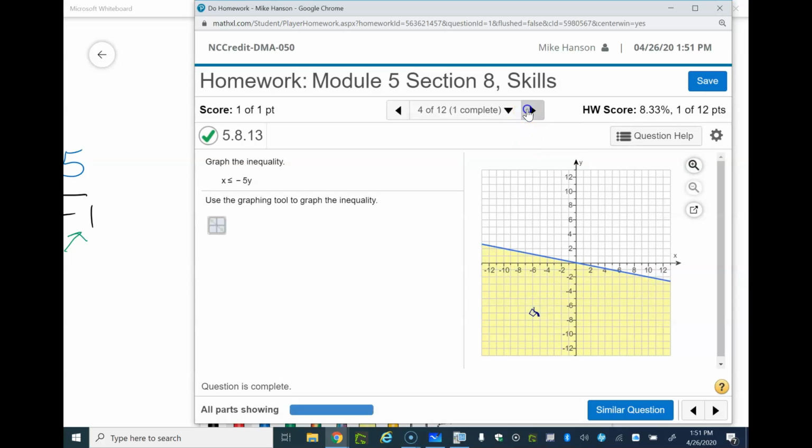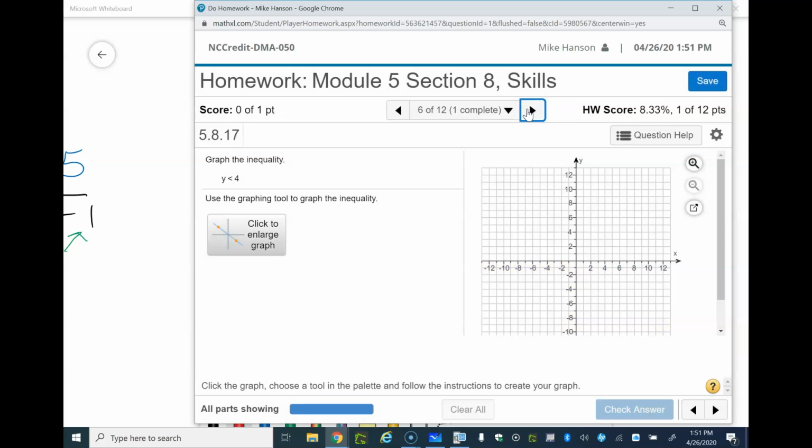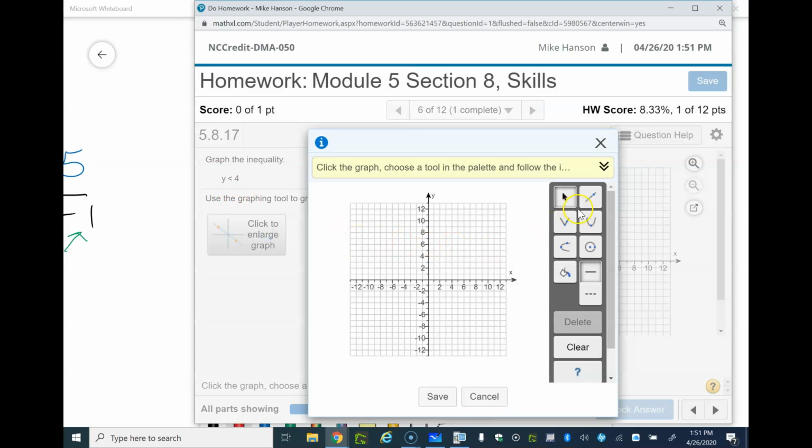I'm going to go to number 6. And remember, in the other slides too, if it's just in x or just in y by itself, it's going to be either vertical or horizontal. Remember, y is always going to be horizontal, x is going to be vertical. So there's really nothing that we need to solve with this one. We know it's going to be at 4. We know it's going to be less than. So that means we're going to get a dashed line this time.